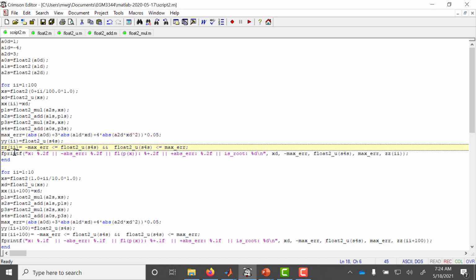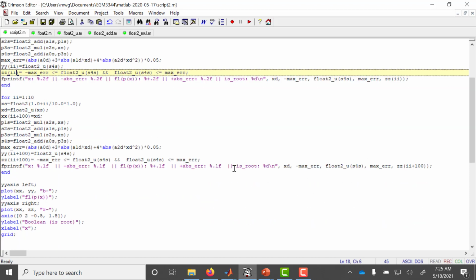Now this last one here, my z, that's going to be a Boolean, and what that's saying is that the unfloated polynomial value is between minus error and plus error. So that's what that's saying, and then I print it out.